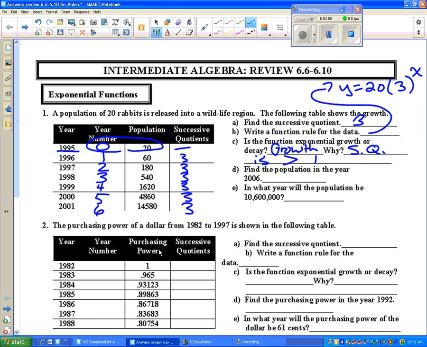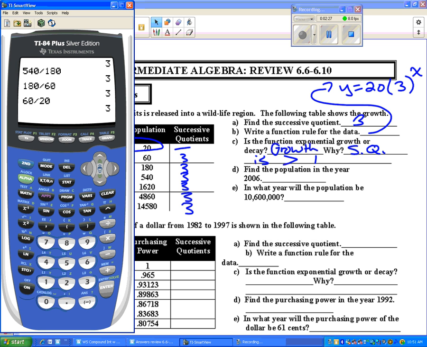Find the population in the year 2006. The year 2006, so I take 2006, I subtract 1995, and I am going to get 11. So I want to do 11 years. So I'm going to go to y equals, and I'm going to plug in my equation, 20 times 3 to the x power.